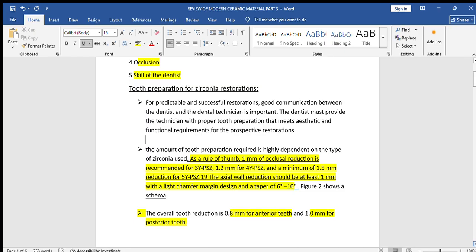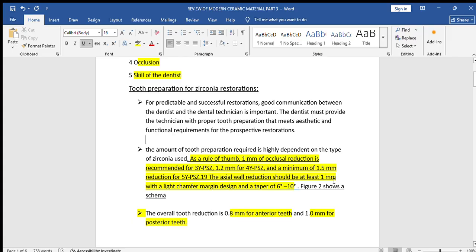As a rule of thumb, 1 mm of occlusal reduction is recommended for 3Y partially stabilized zirconia, 1.2 mm for 4Y partially stabilized zirconia, and a minimum of 1.5 mm reduction for 5Y partially stabilized zirconia. 5Y and 4Y are used for better aesthetic outcome, so they require more reduction, up to 1.5 mm.